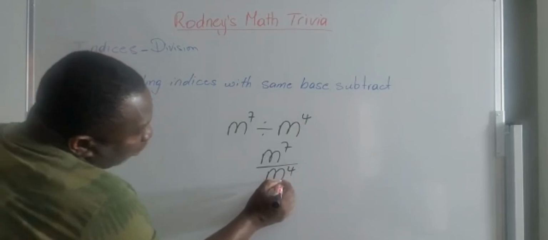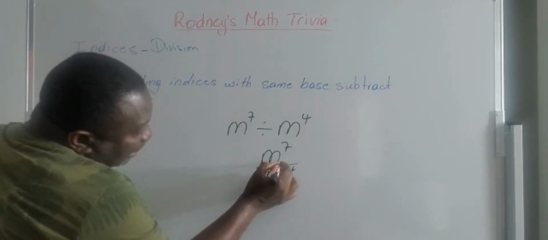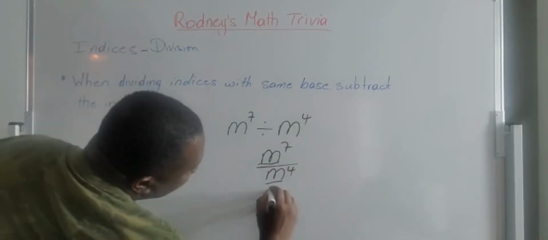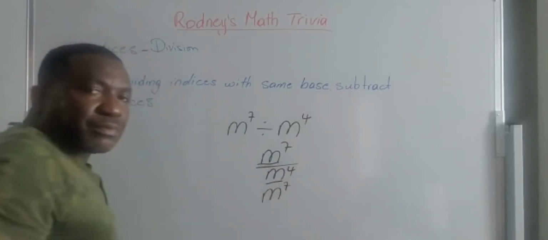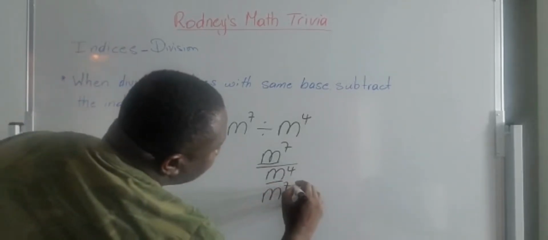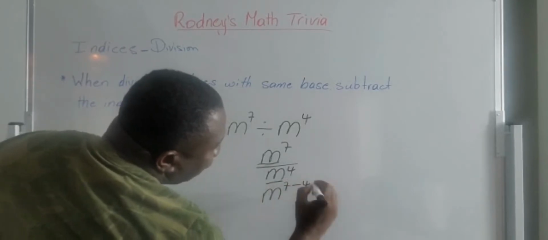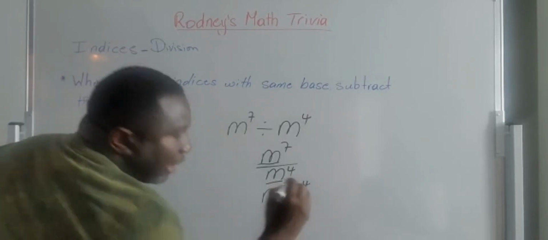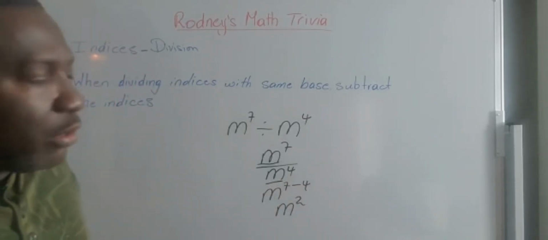In this case, we are working with the base being the letter m. Therefore, m to the 7th, and we are subtracting 4, will result in m to the 2nd power.